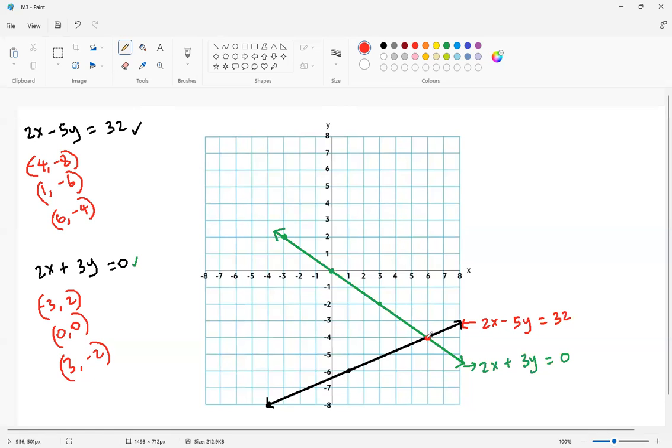So this point gives us the solution to the simultaneous linear equations. So this will be the value of x, and this will be the value of y.